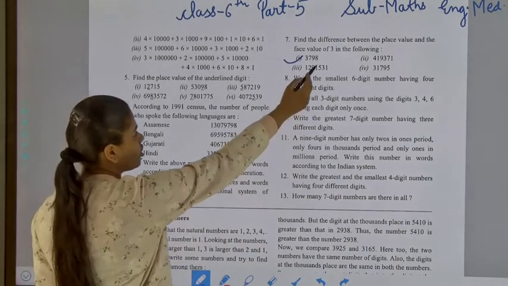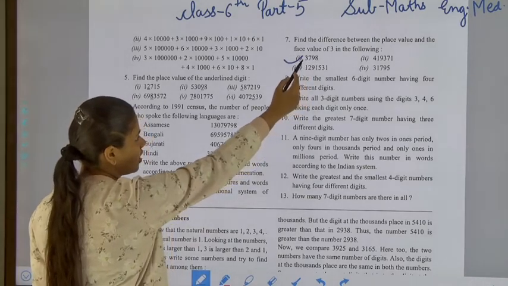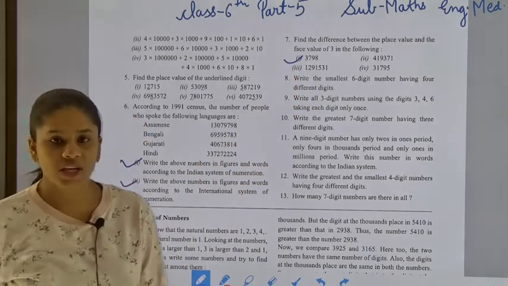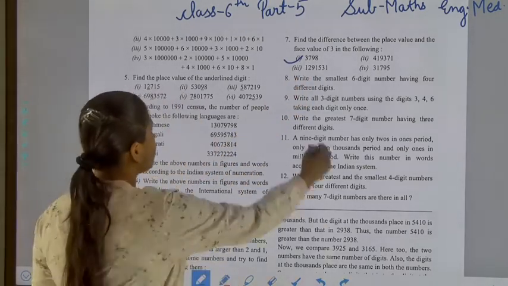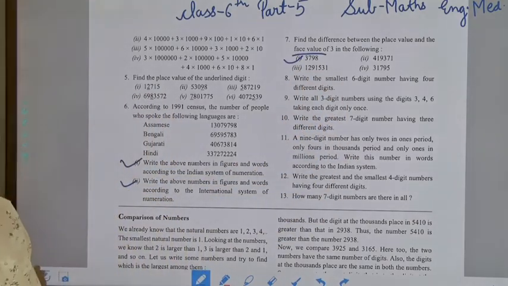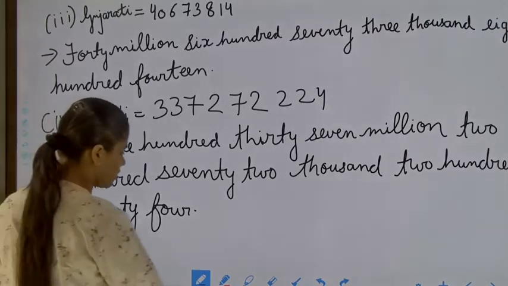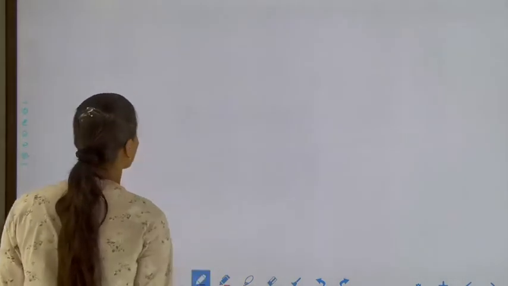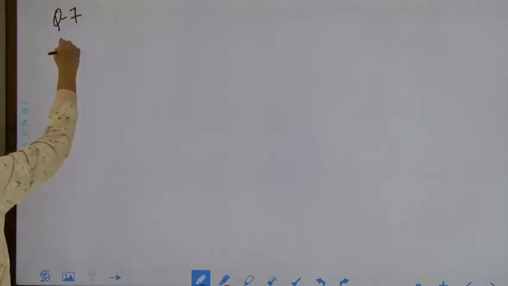Place value of 3 is 1, 10, 100, 1000. That is 3,000. And what is the face value of 3? That is 3. So again we will move to the next question, that is question number 7. Question number 7, first part. You have to write the question from your book.